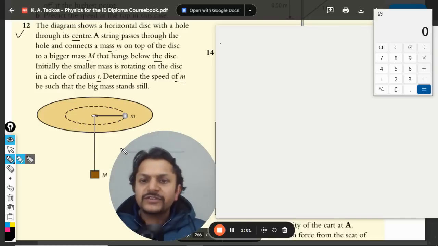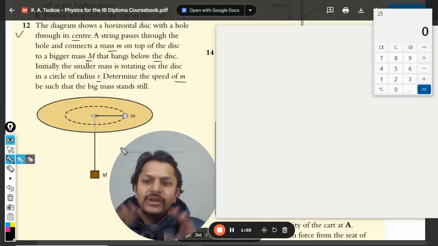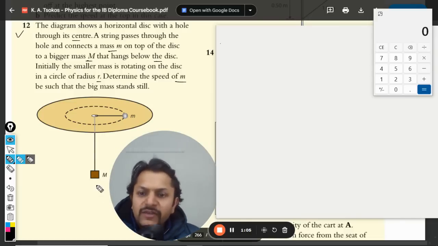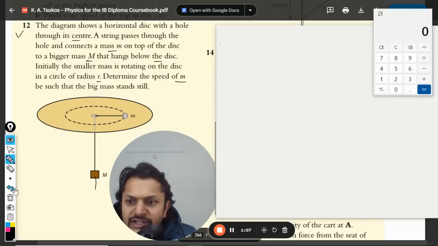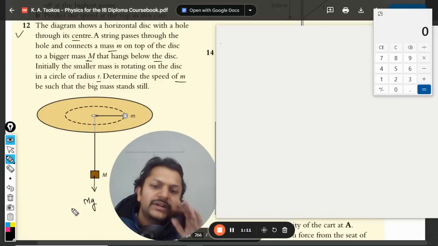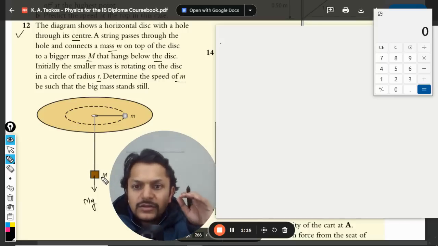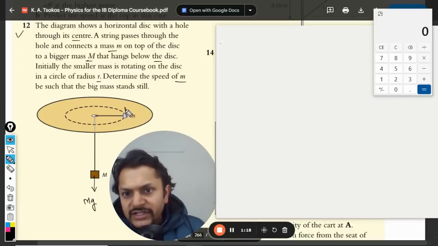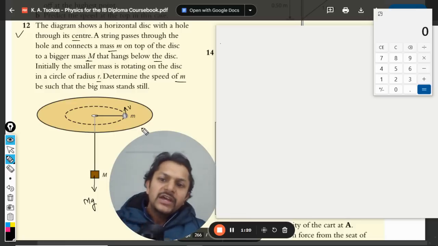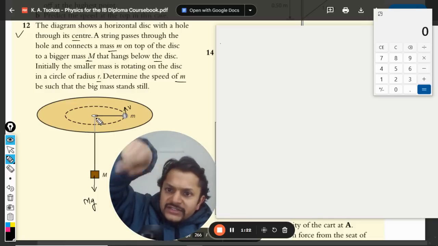So let us first learn how many forces are there, how are they behaving, what is happening. So the weight of the hanging mass is acting downwards, which can be taken as capital Mg. It says that a velocity should be given to the small mass. Let us say we are giving velocity like this, and it starts revolving around the center here.